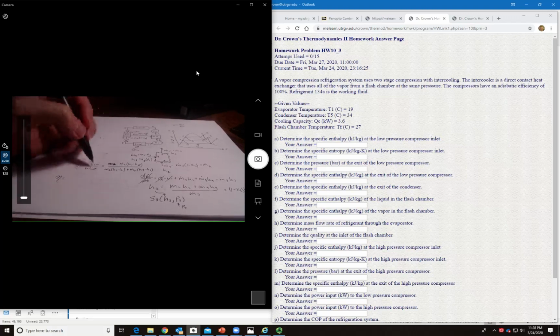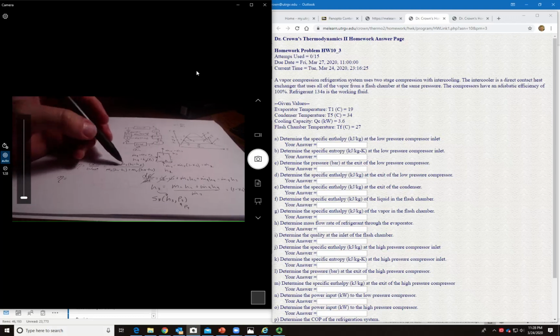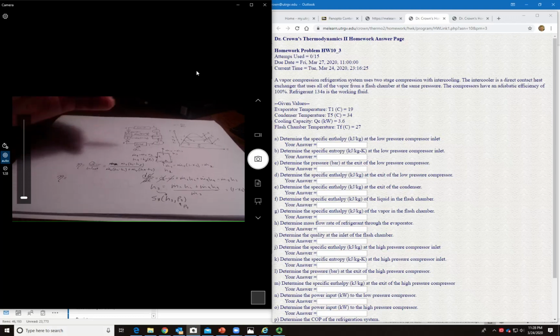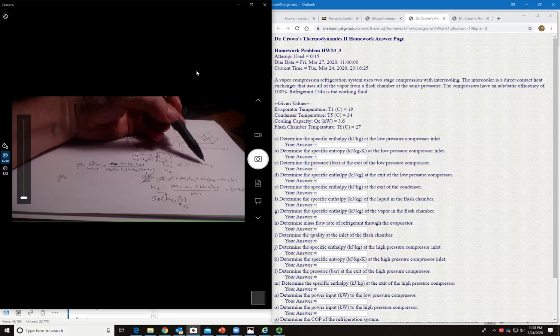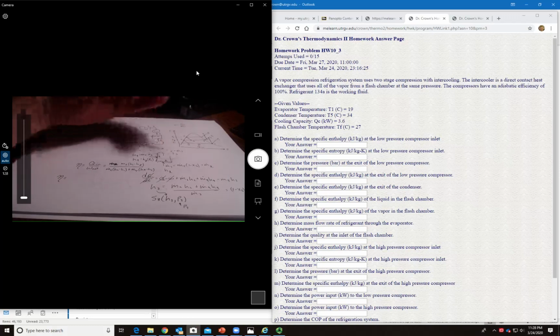I think I asked for actually the work for each compressor and the Q, so you wouldn't have to do it this way. But if I divide by m dot total, then m dot 2 divided by m dot total is 1 minus x6.